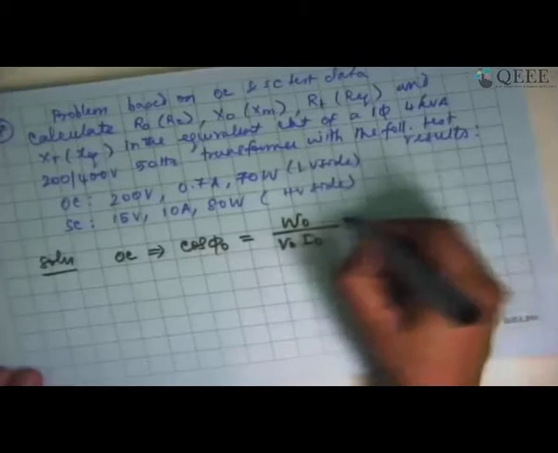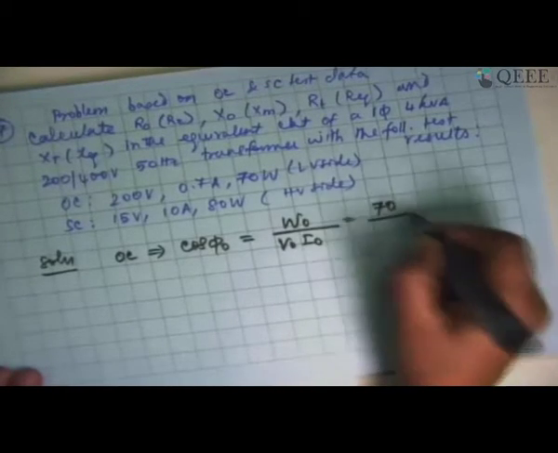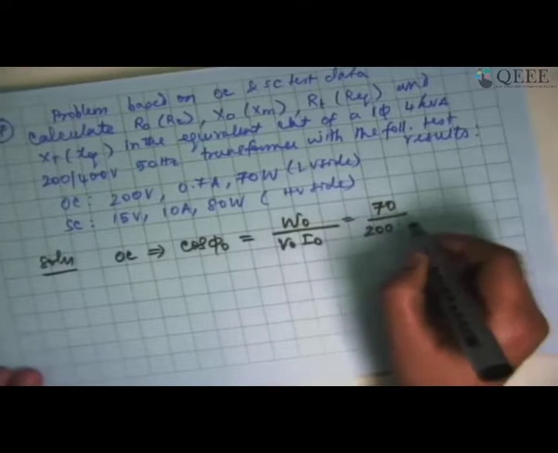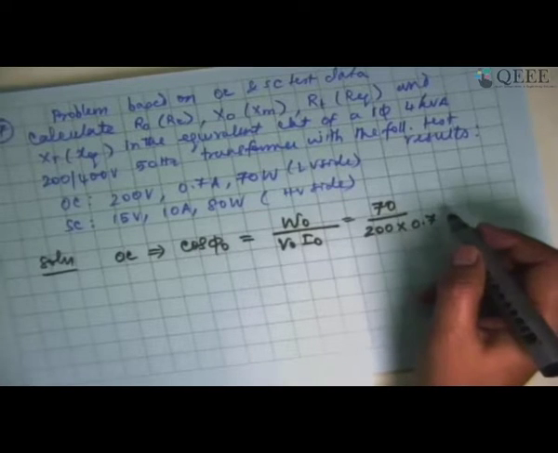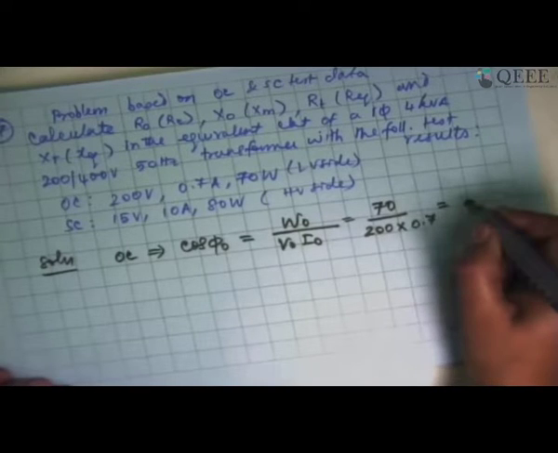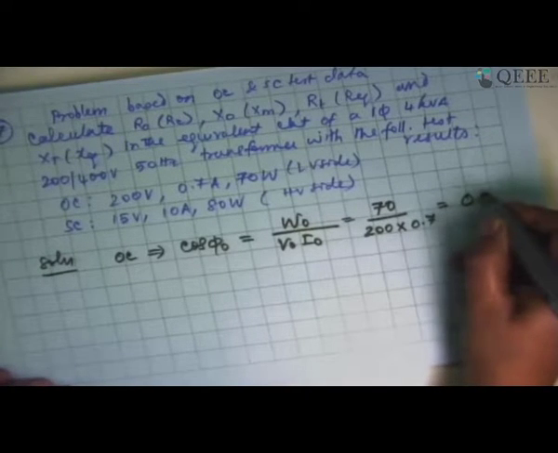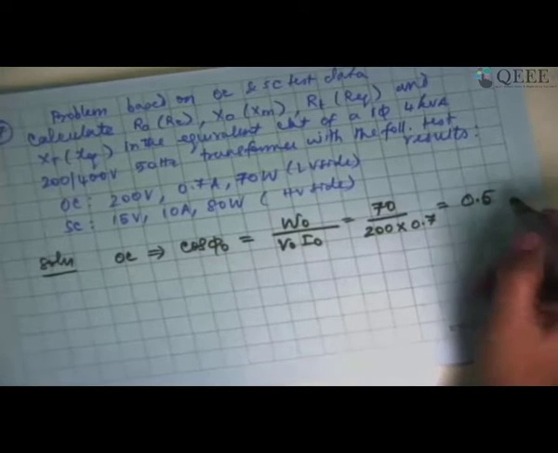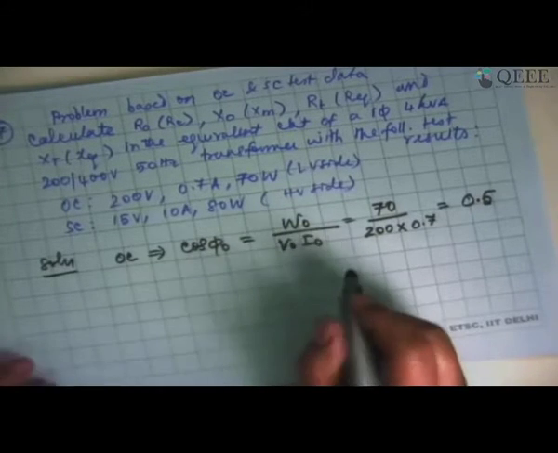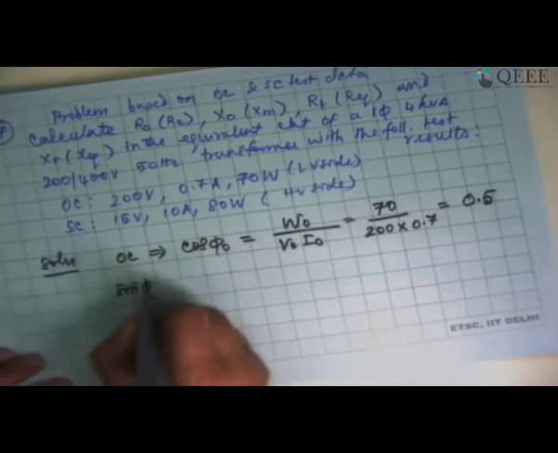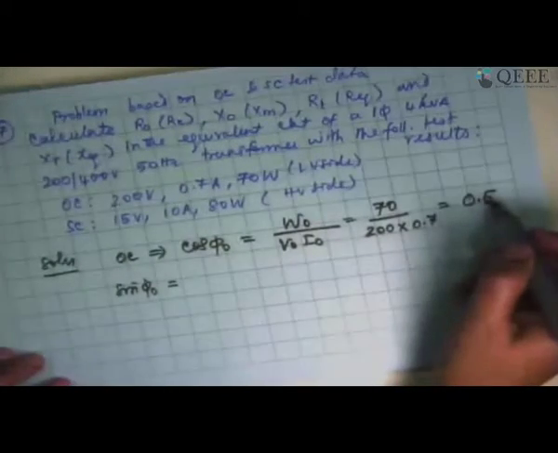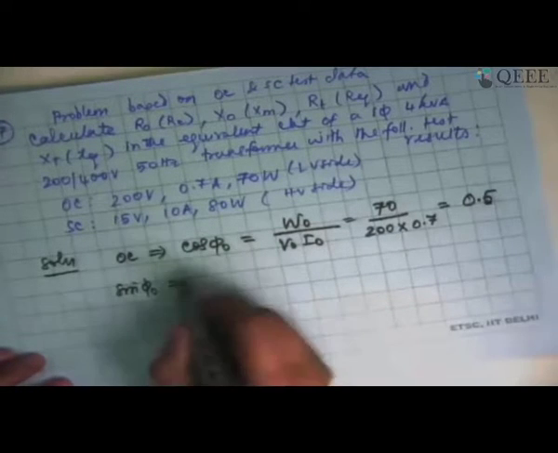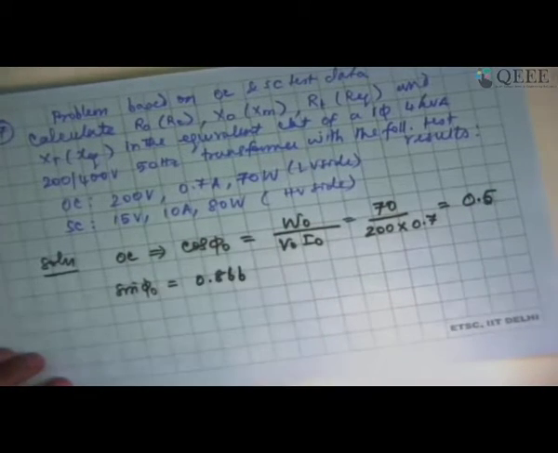So that will be 70 divided by 200 multiplied by 0.7, right? So how much is it coming to? 70 by 140, I think so. So that will be 0.5. So cos phi naught comes out to be 0.5. Sin phi naught, in that case, cos inverse of 0.5 is 60 degrees, so sin phi naught will be 0.866.